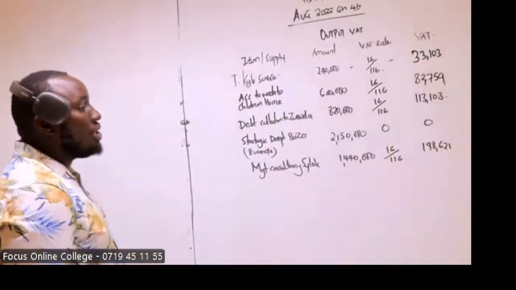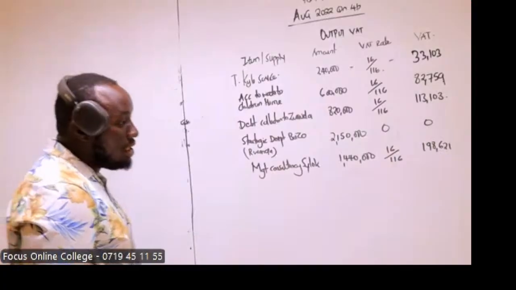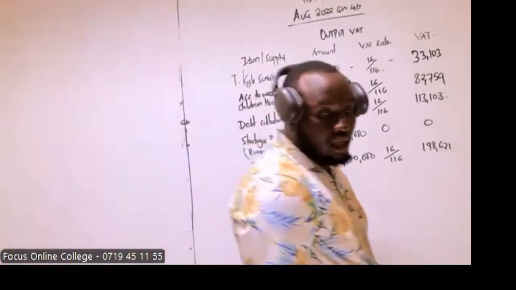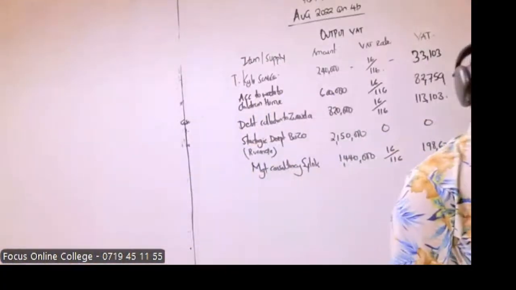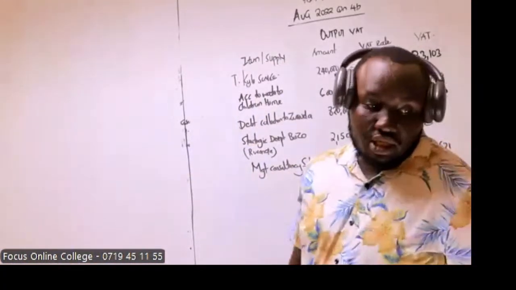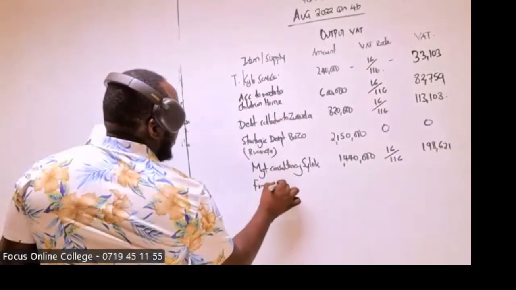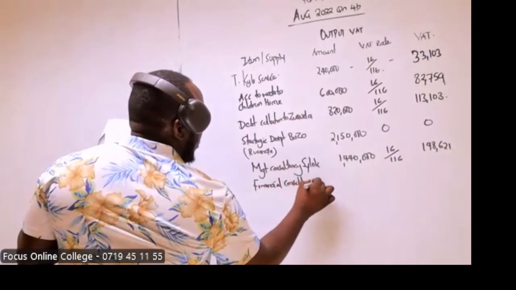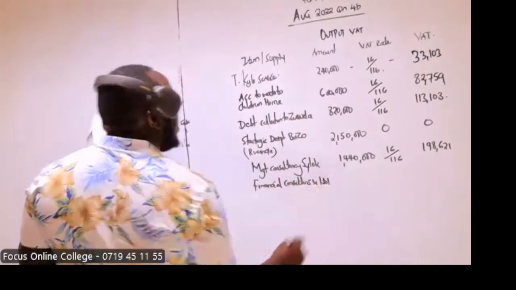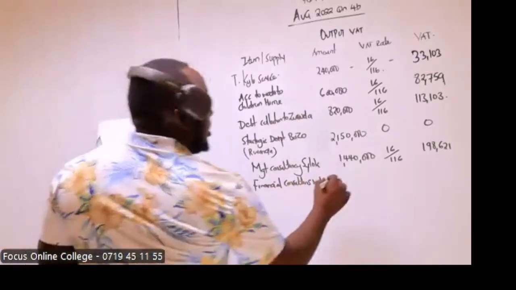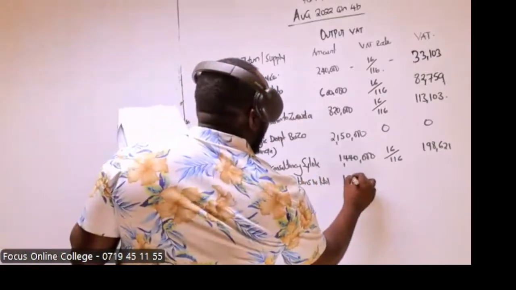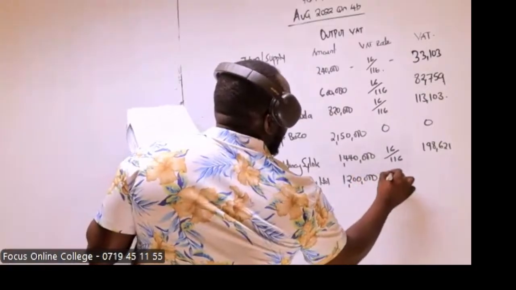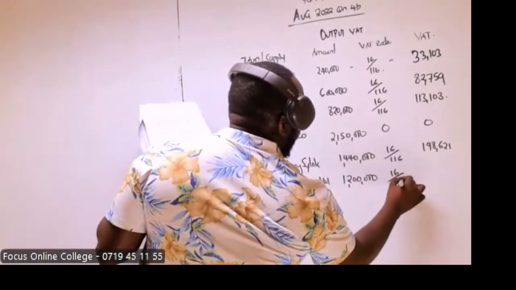We have it as 198,621. Is that figure correct? Perfect. So financial consultancy to W Limited, that is 1.2. So 16 over 116. What are we getting?